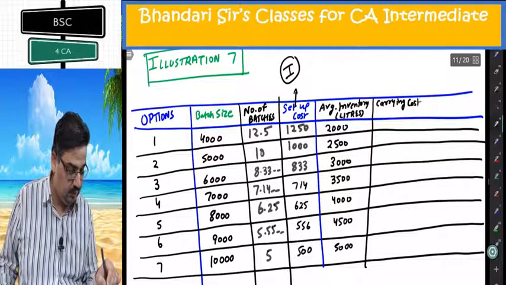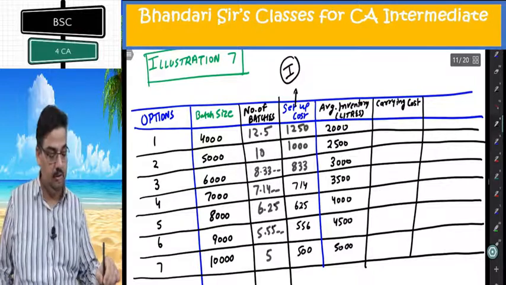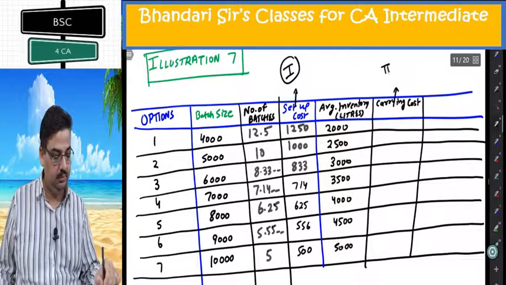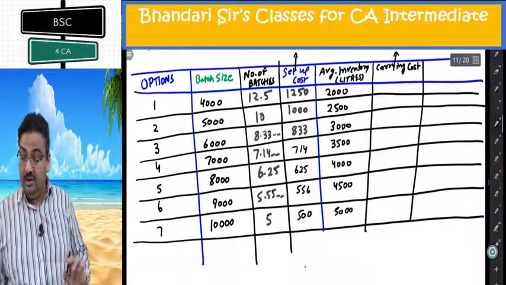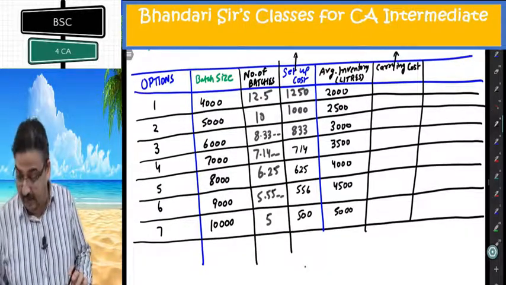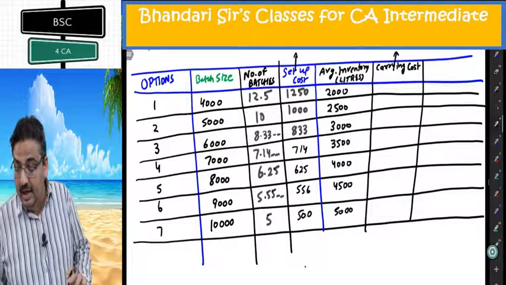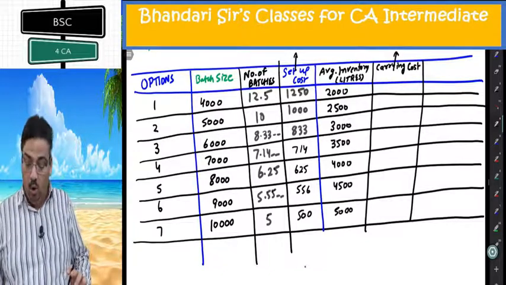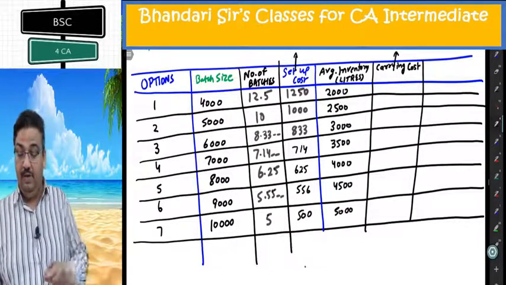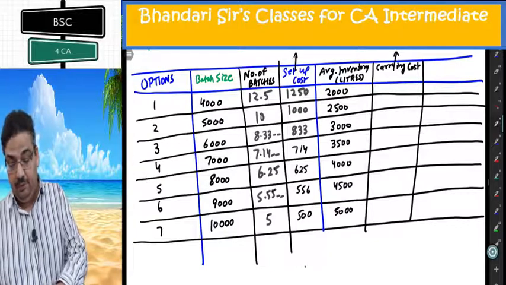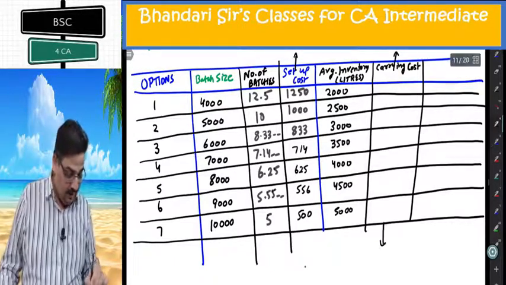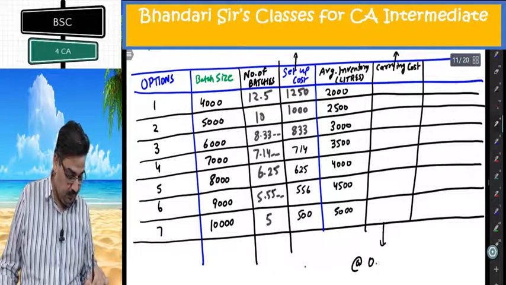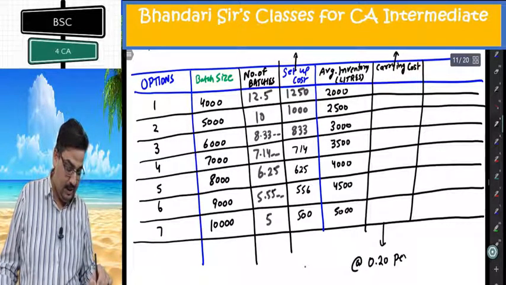Carrying cost. We also call it holding cost. This will be the second cost. Now, how do I compute it? It is 50 per square meter, and each square meter can hold what? 250 liters. 50 divided by 250, at the rate of 20 paisa per liter.